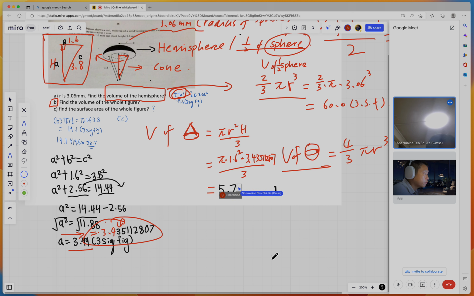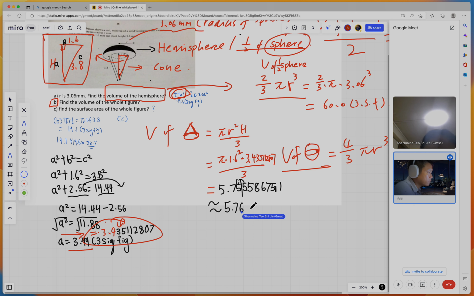Yep, good. Fill it up. Okay, good. Write down the original answer first, then round off. And when you do the rounding off, you use a pencil during exams. Understand?